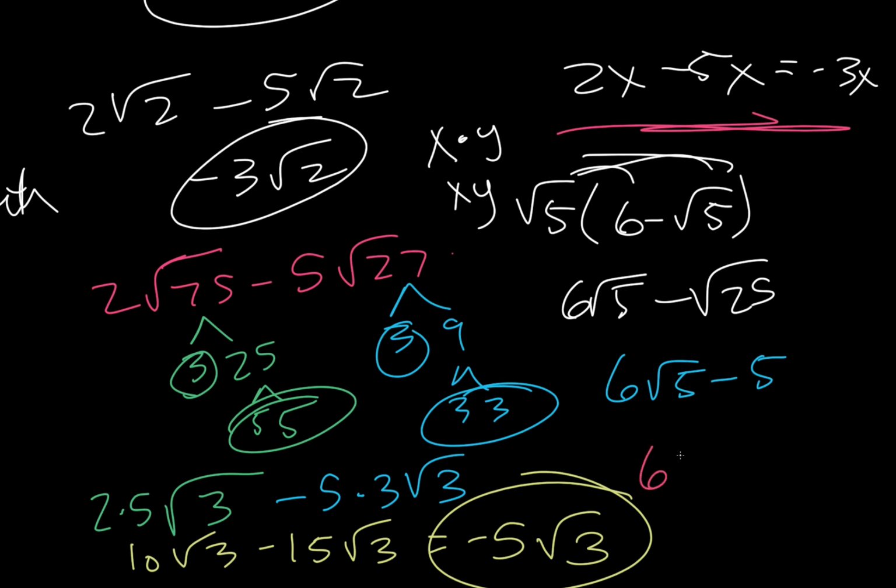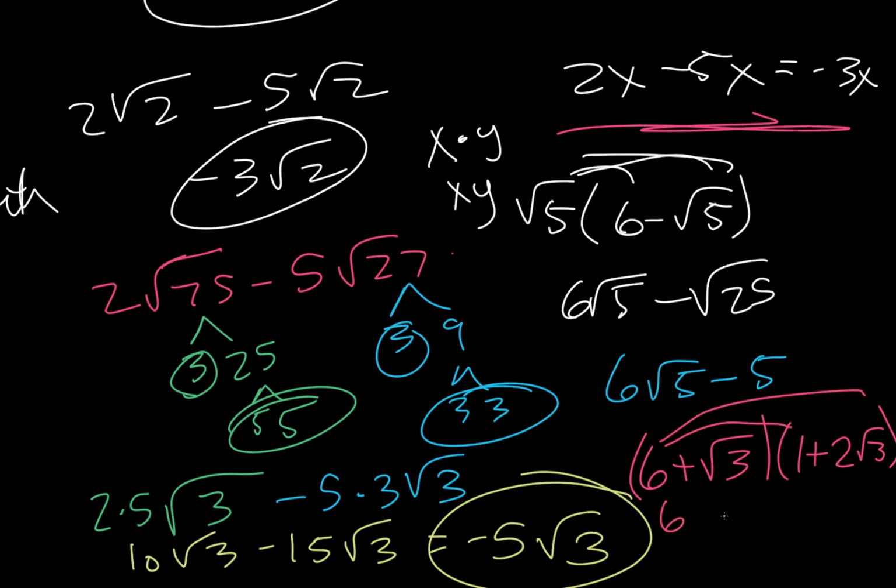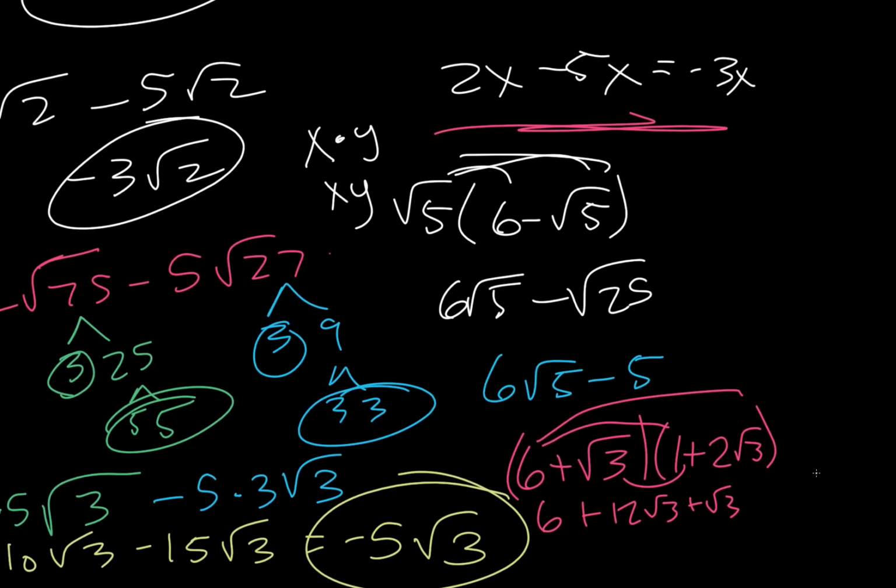So we have 6 plus root 3 and 1 plus 2 root 3. And we just do this. So 6 plus 12 root 3 plus root 3. I'll move over.